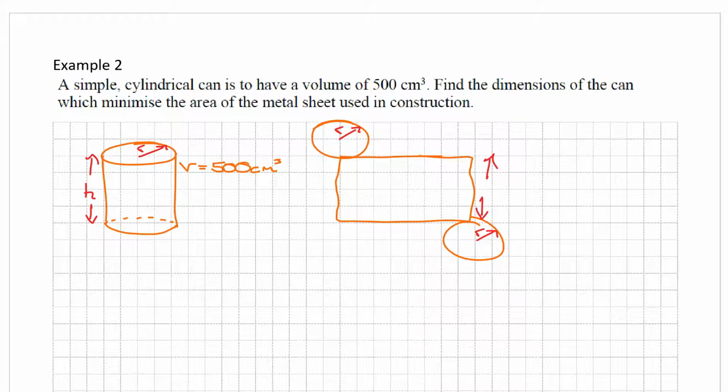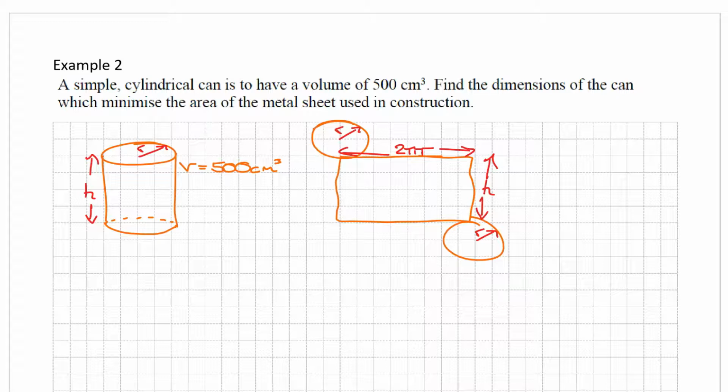This will be the height, of course, and the trickiest one of them all is this area here, which is going to be the circumference of the circle, because if we roll all of this around, this edge here refers to the length here.